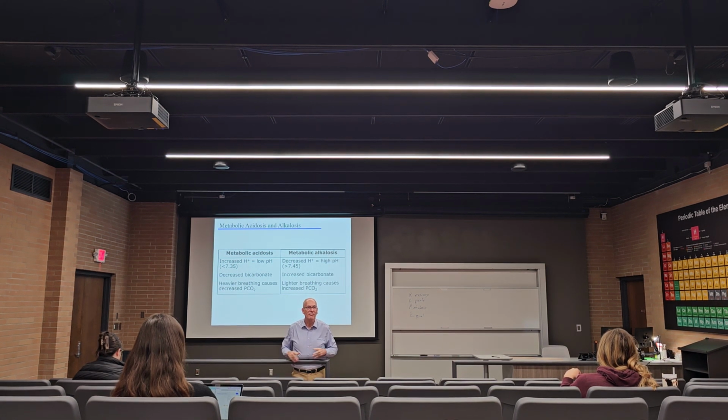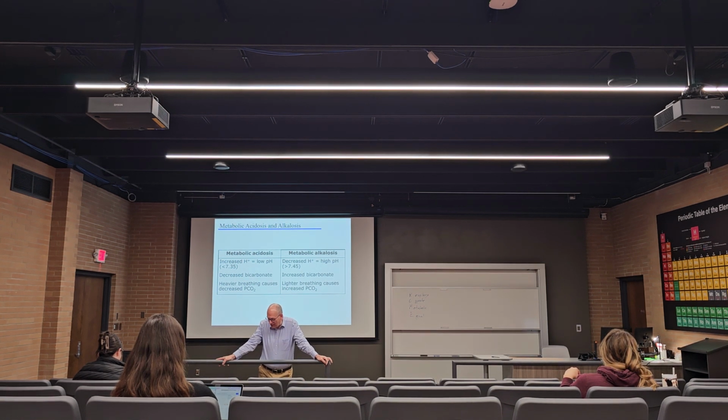Okay. How about one more? A patient comes in after seeing a UFO, they've been hyperventilating, and they're showing the effects of that, and you take a look at their blood gases, you find their CO2 levels are very low, and their blood pH is very high. Is that respiratory or metabolic? Respiratory.